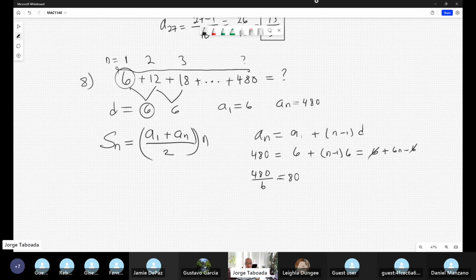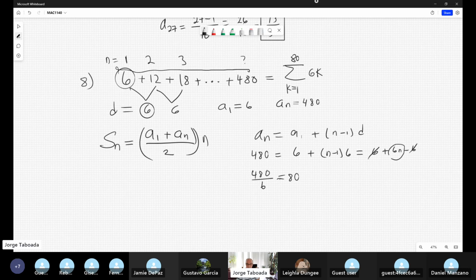That means this summation can be expressed in summation notation: the A sub n formula from k equals 1 to 80 of 6k, or whatever letter you want.